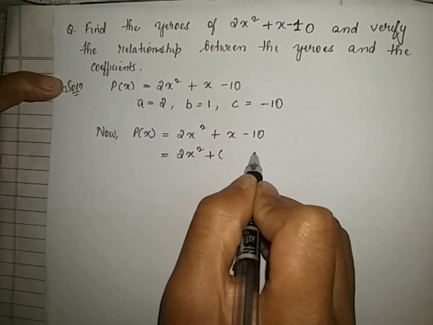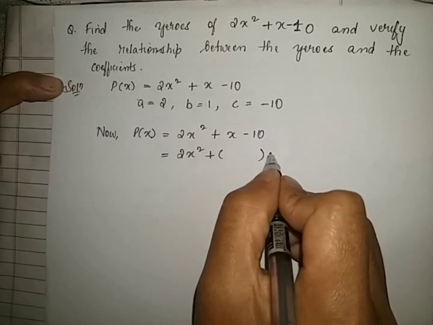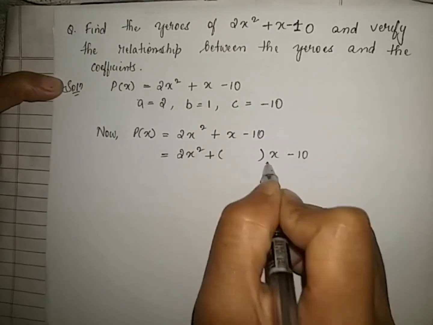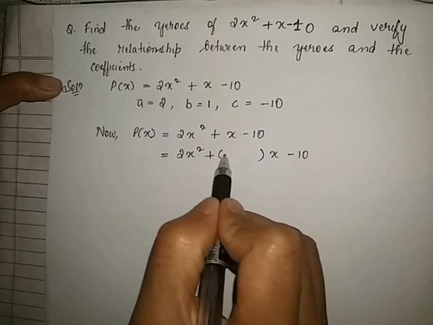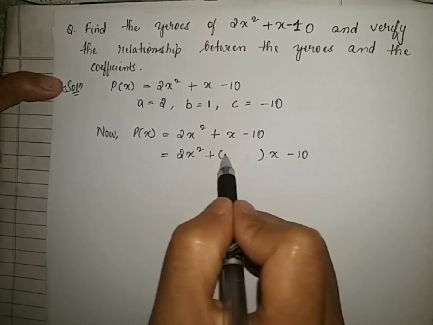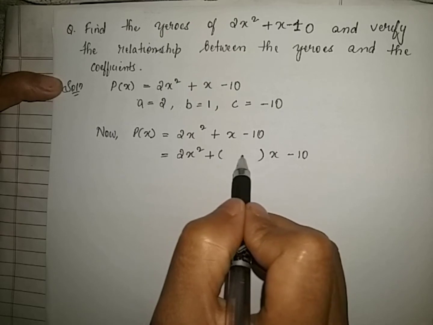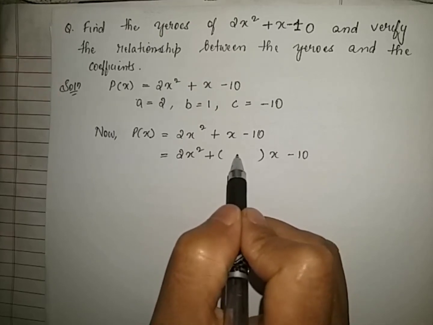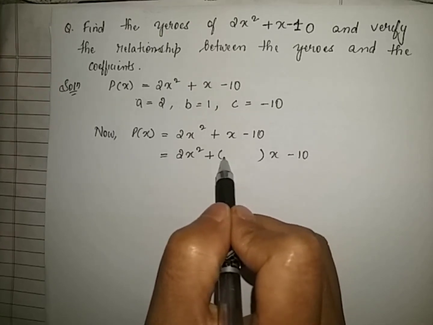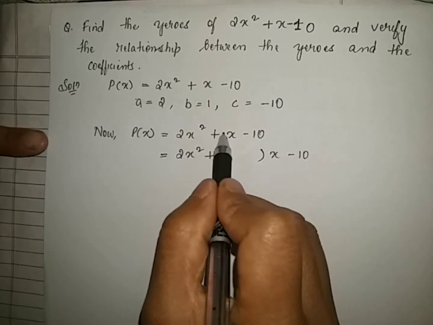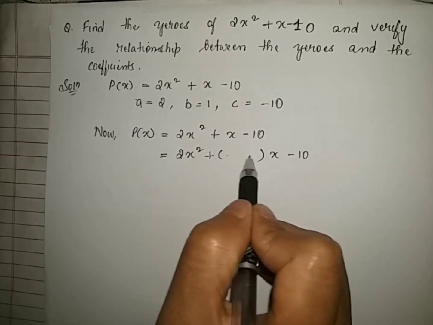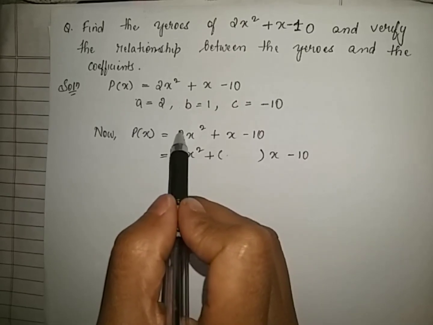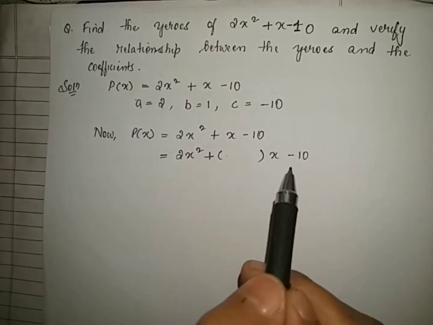Let me complete the polynomial first and fill up the gap here. We need two numbers whose difference is 1, but whose product is 2 into 10, which is 20.